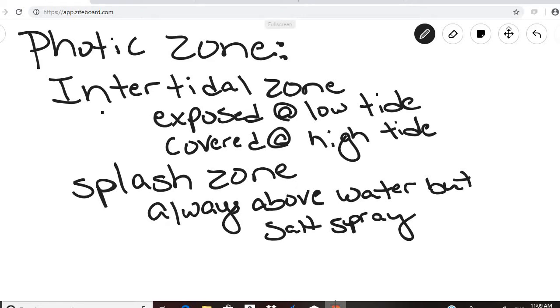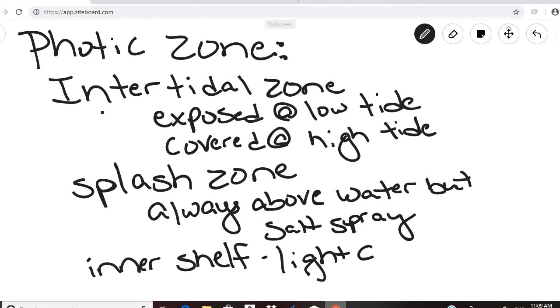And then lastly is the inner shelf, and it's at the edge, but it's an area where light can penetrate.